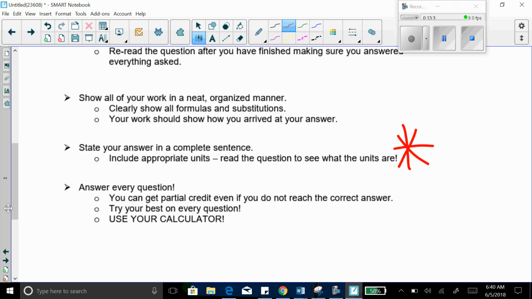And the last helpful hint is to answer every single question. You do get partial credit, even if you don't get the correct answer, if you show me your work and I can follow and say, okay, I know where so-and-so made a mistake. Try your best for every question and always use your calculator. Your calculator is your best friend.